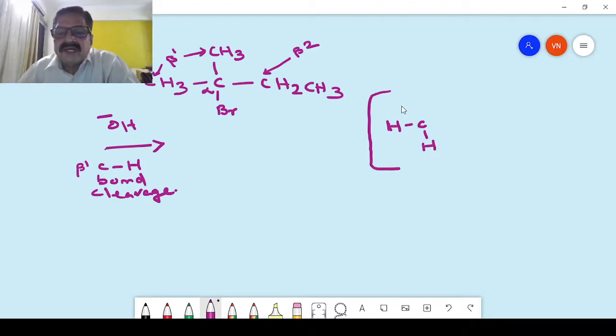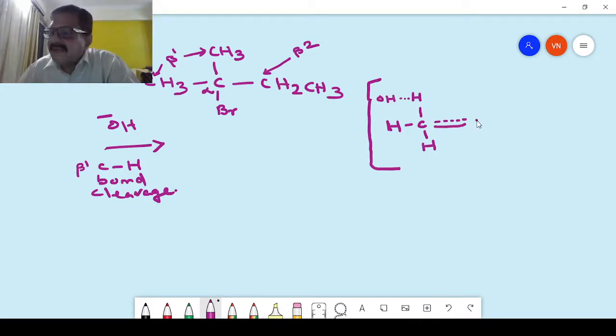Now here we have a bond that is partially formed, H. Then we have OH here, a partial bond again. Then we have this double bond, partially formed here.